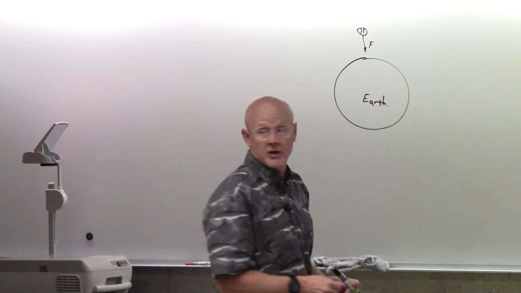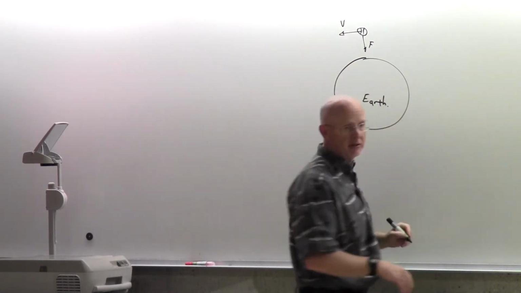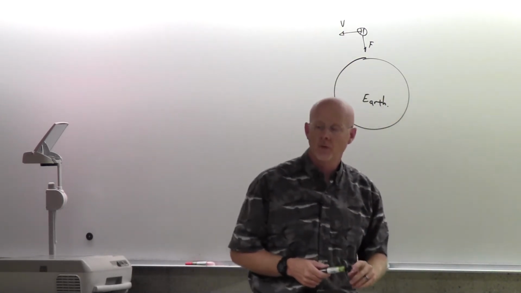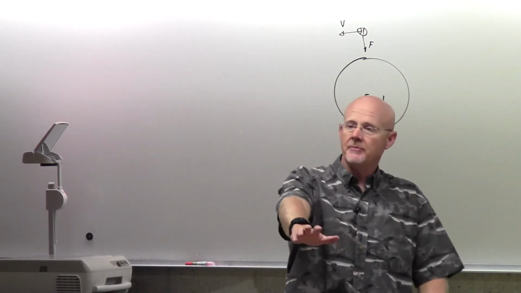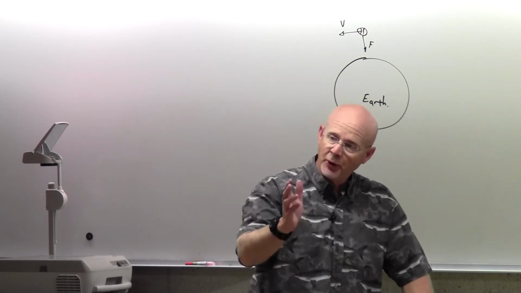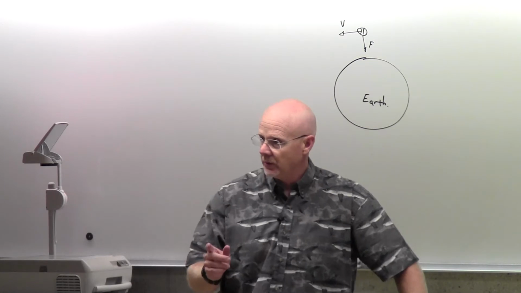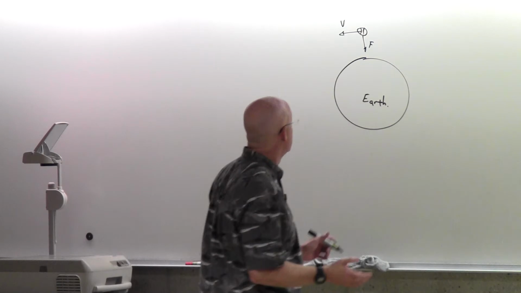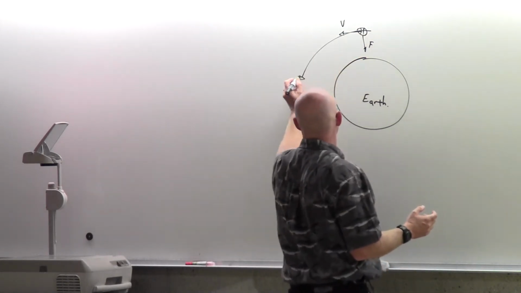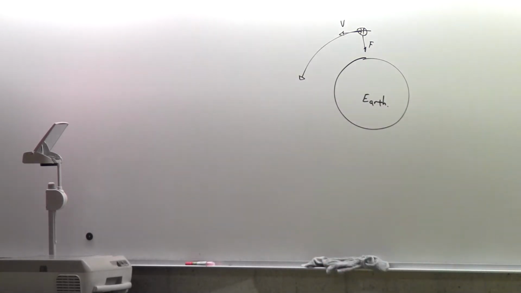The one I really want to focus on is what if I gave it an initial speed sideways? What happens then? What did we say way back in chapter 6 when the force was perpendicular to the direction it's moving? What would that do? Right, it makes it turn. And so this object would just turn. There's a force on it, but it doesn't go faster.